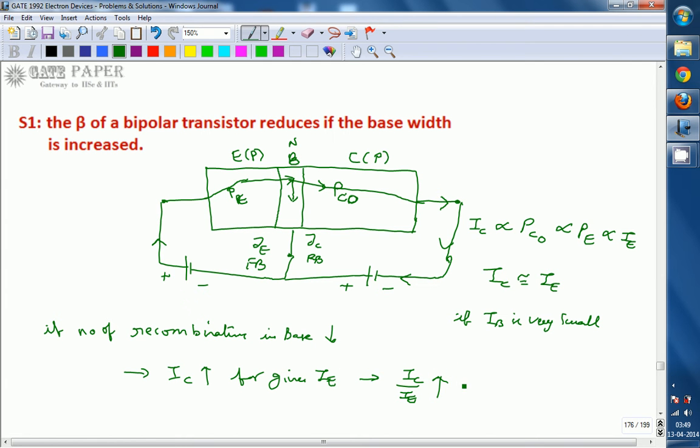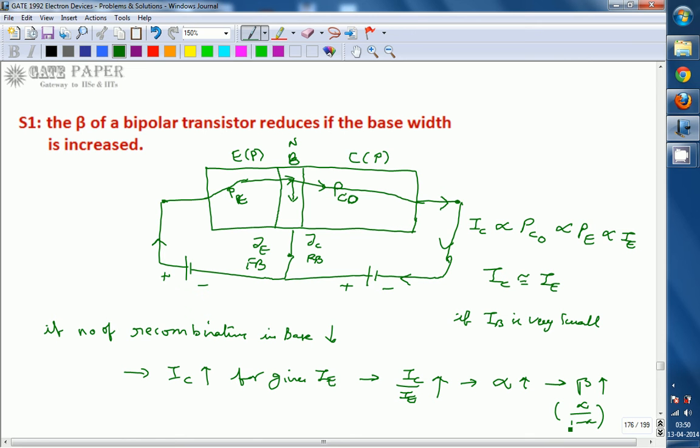IC by IE is nothing but alpha, the common base DC current gain. As alpha increases, beta increases. Beta is the common emitter DC current gain, and beta is alpha by 1 minus alpha.